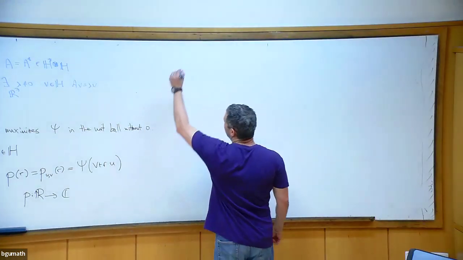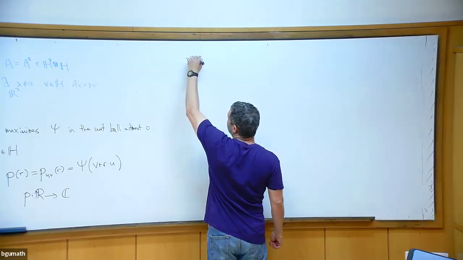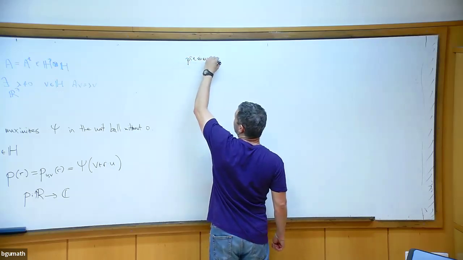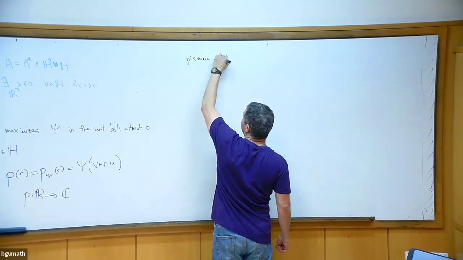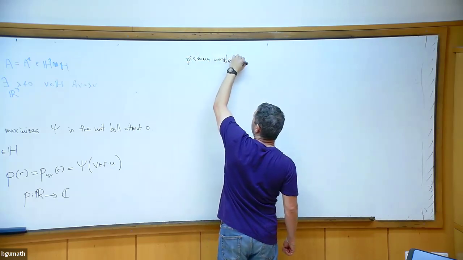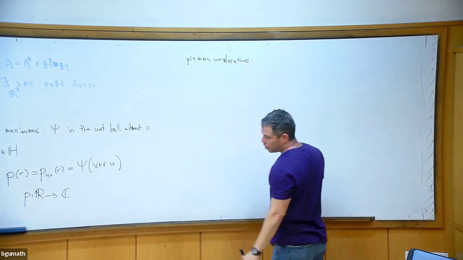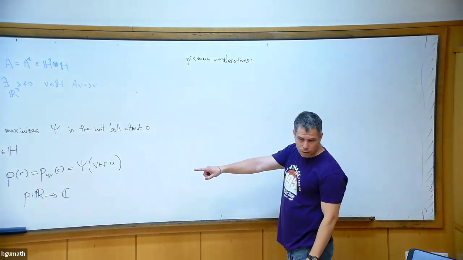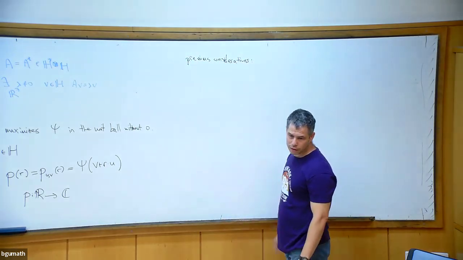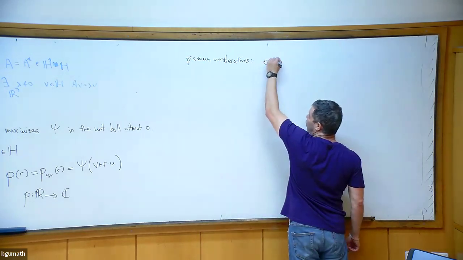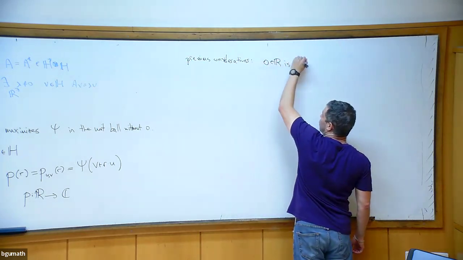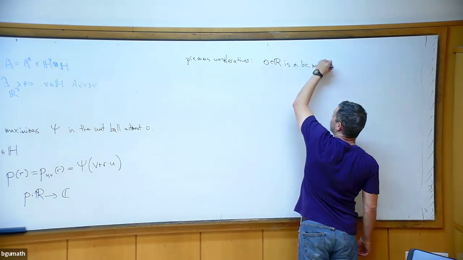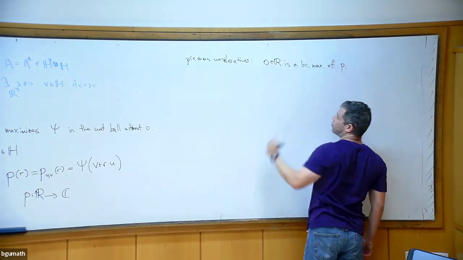Now, the previous considerations that we wrote on the board tell us that this function has a local maximum at some point, so 0 in R is a local maximum of P.